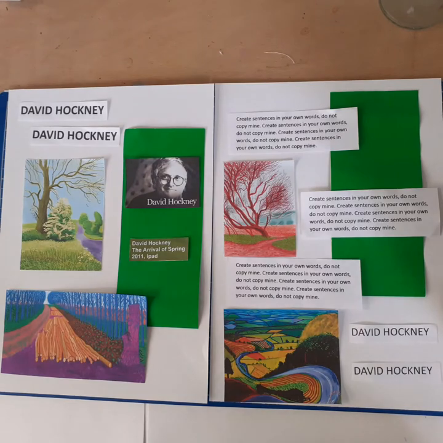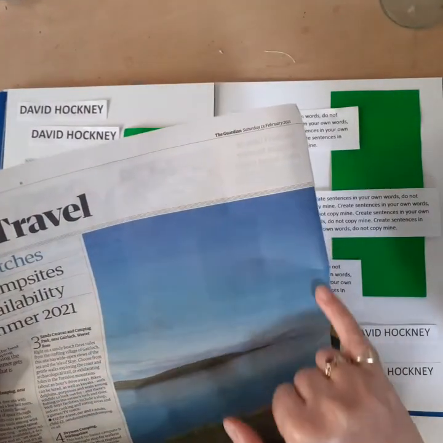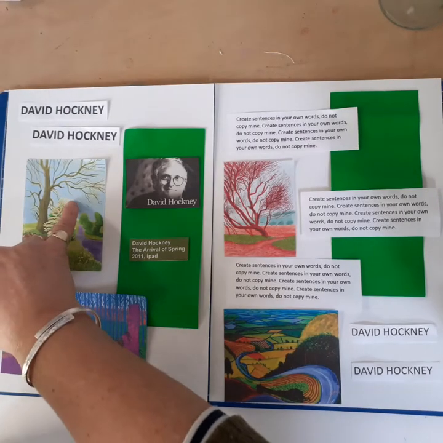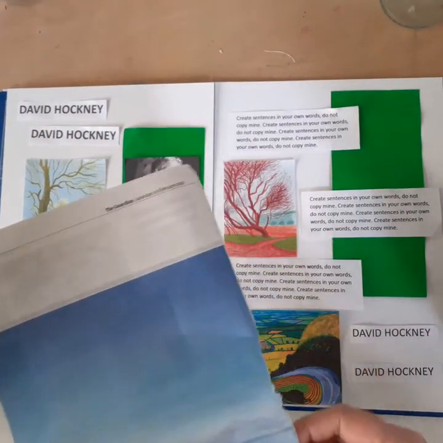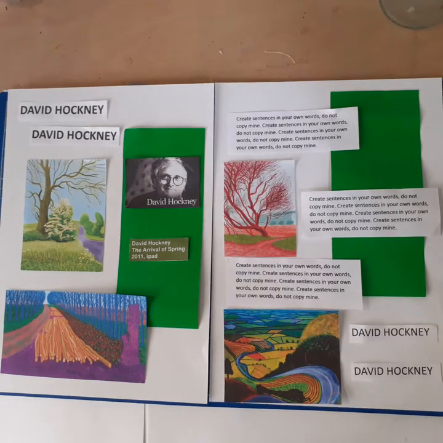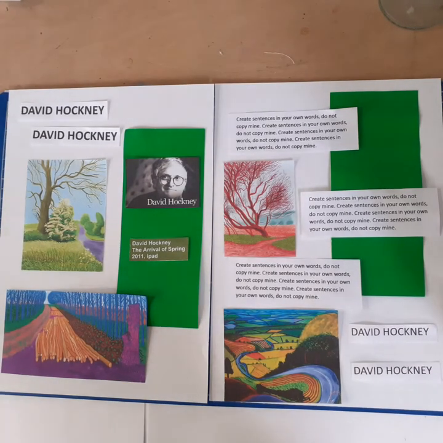But you can go and find wrapping paper. You might have some old wrapping paper. I was looking at this newspaper and it had some really nice blues if you wanted to use blues, because blues link with your colour copy. So you can find colour paper in lots of different ways, lots of different sources. Okay, not necessarily printed off sugar paper.